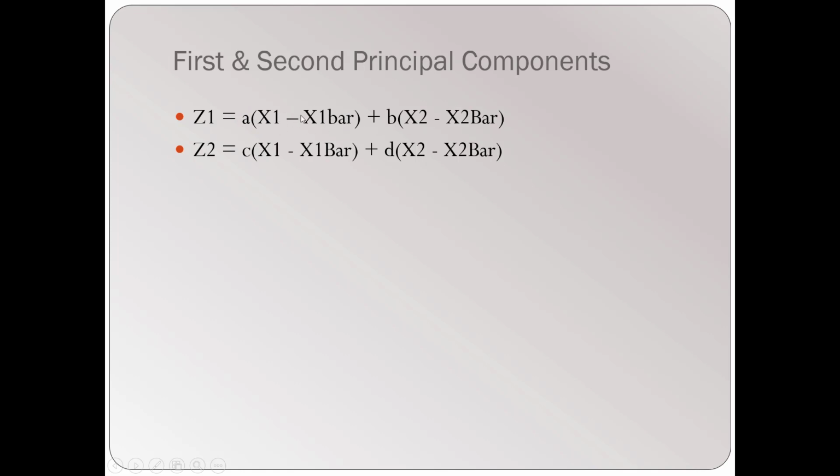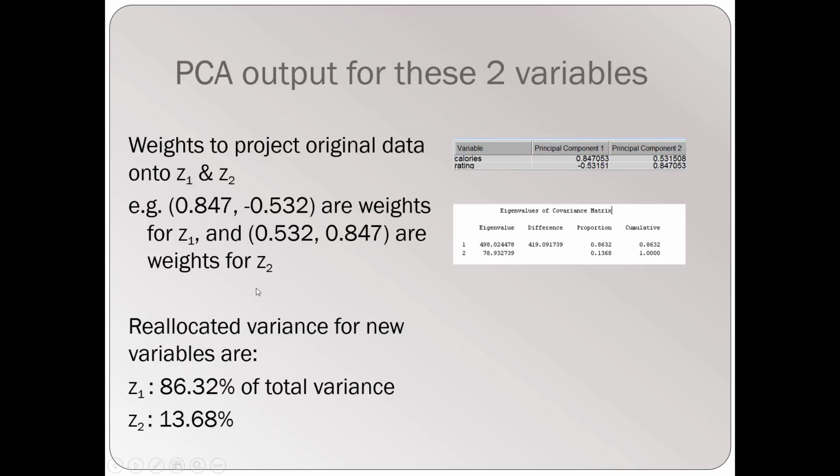It's the same for the second, add them up, so you get the value of z1, and two different coefficients for the second principal component. We're going to develop these in Excel. Okay, we'll see an example of how to develop these principal components.